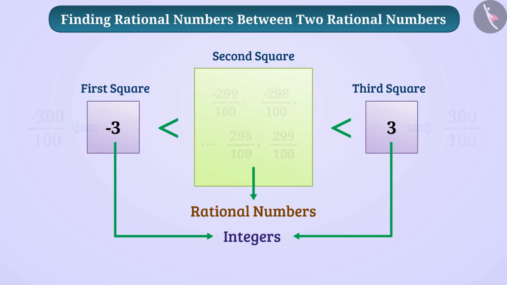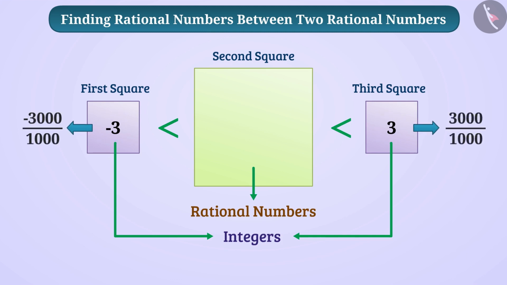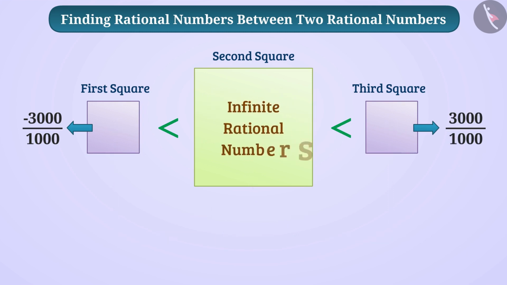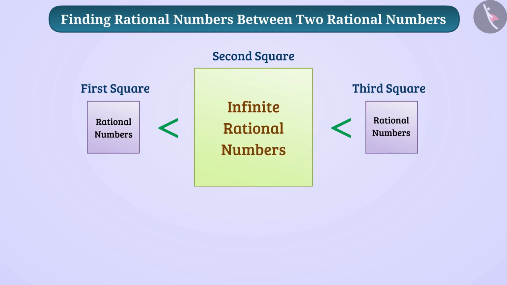We can also write -3 as -3000 divided by 1000 and 3 as 3000 divided by 1000. Thus, we can now write rational numbers between them as. Similarly, we can find infinite rational numbers between any two rational numbers. That is, there are infinitely many rational numbers between any two rational numbers.